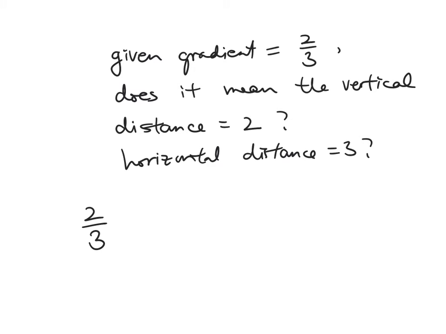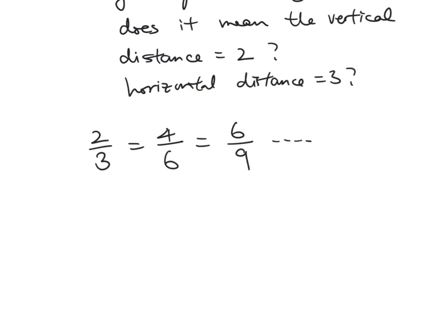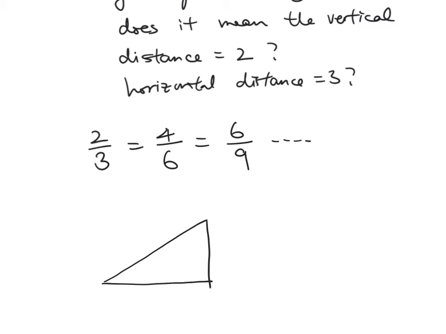Let's look at these fractions. 2/3 is the same as 4/6, which equals 6/9, and so on. So many fractions will equal 2/3 after you reduce them. Let's use 4/6 as the example. If I take 4 divided by 6, I'll still get 2/3.